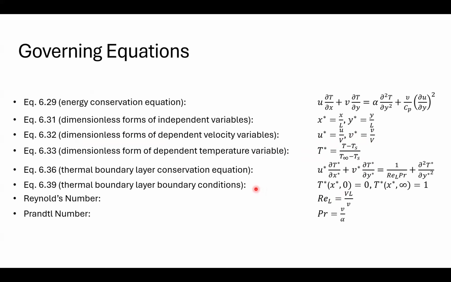Equation 6.36 is the dimensionless form of equation 6.29. And equation 6.39 shows the dimensionless forms of the boundary conditions, which will be important for part A. We're also given the Reynolds and Prandtl numbers for those corresponding equations, and those will be important for part B.